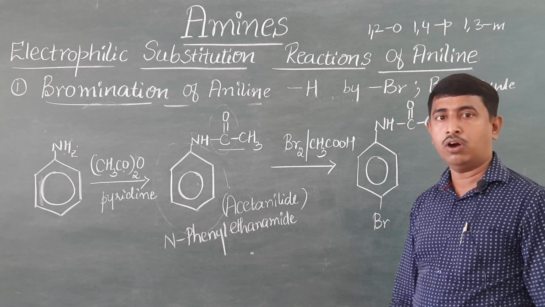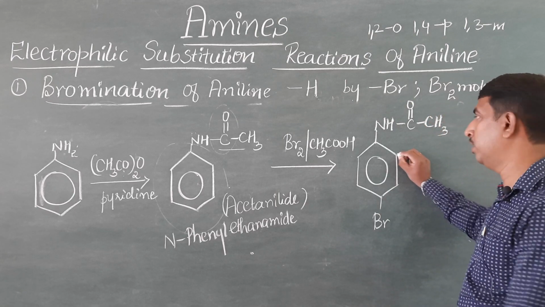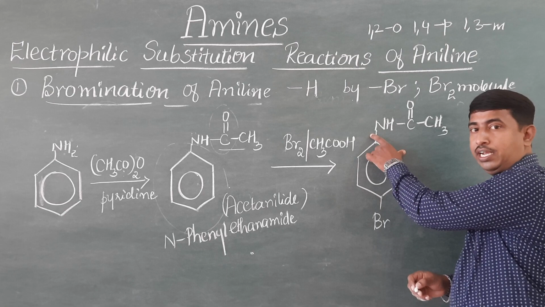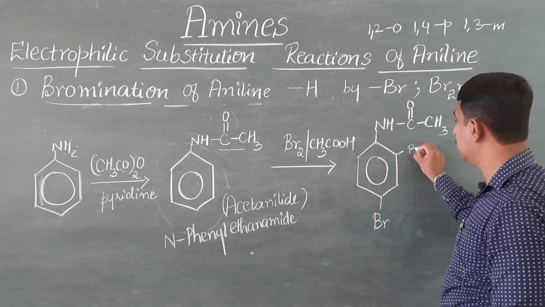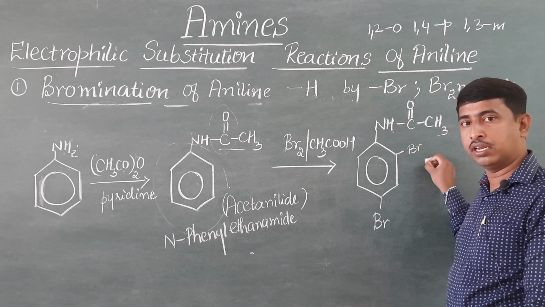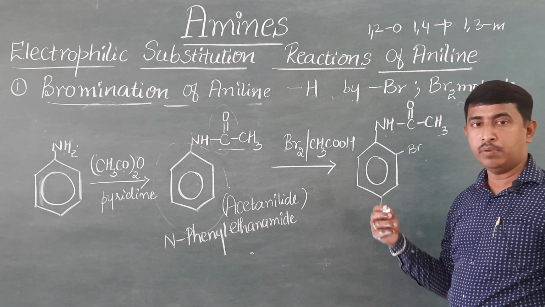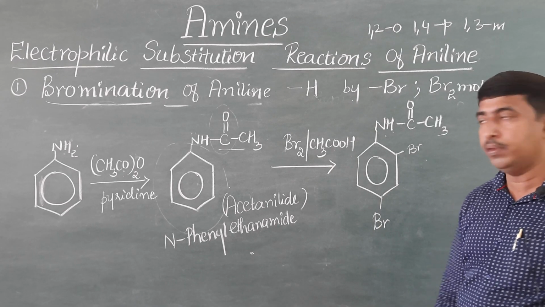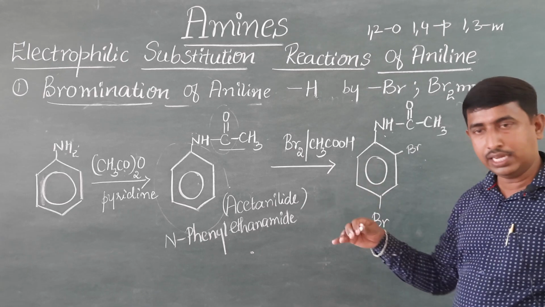Why not the ortho hydrogen? If I replace the ortho hydrogen by bromine, see, these groups NHCOCH3 and Br are very close to one another. So, the distance is less, and steric repulsion will be more. Due to steric repulsion, stability decreases.